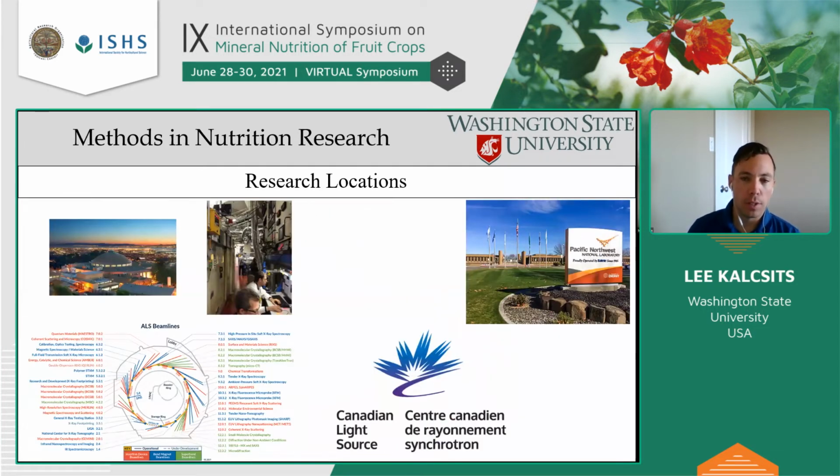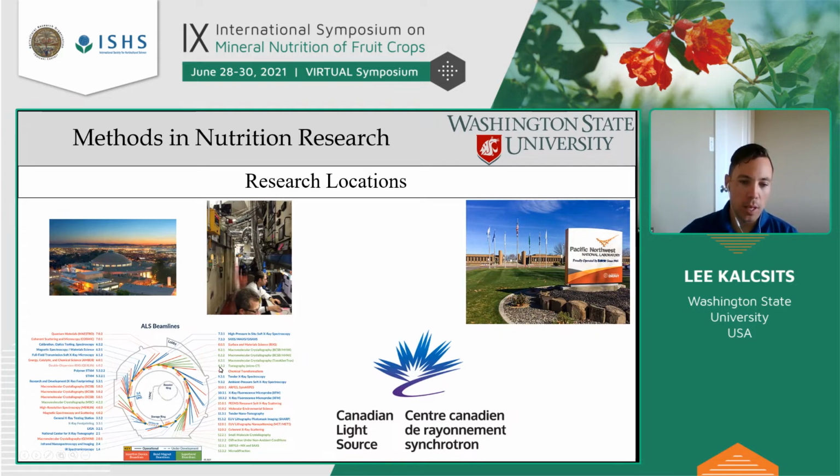So for our research locations, I'm going to present some examples of what we've done. We work at the Advanced Light Source at Lawrence Berkeley National Labs, just across the bay from San Francisco. You can see at the top left, these are all the different beamlines that are present.